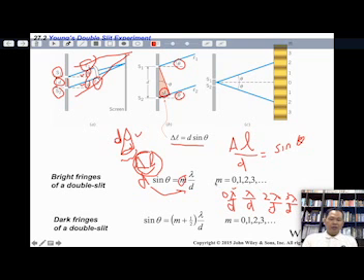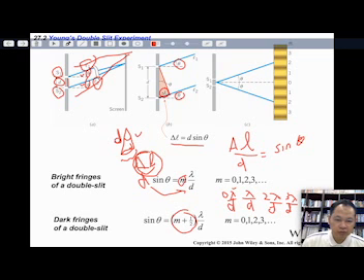Okay, and you can find the dark fringe of a double slit if it is like this one. So this is every time m, and this is every time m plus half. Every time m plus half you can find the dark fringe. So now it becomes very interesting.